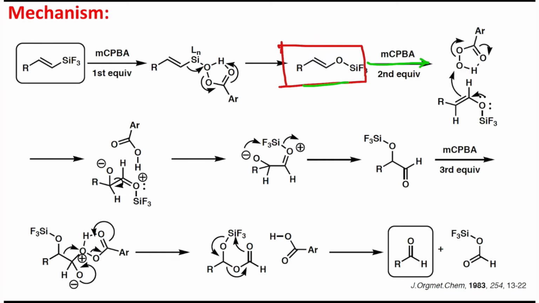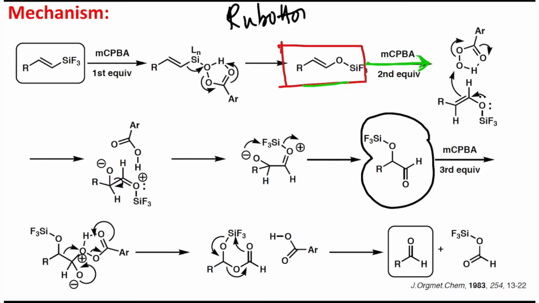Actually this is an enol ether, and in the presence of m-CPBA this enol ether will be oxidized into the corresponding alpha hydroxy carbonyl compound. Student, this reaction is also a very important reaction named the Rubottom oxidation. I have already uploaded a dedicated lecture on this, please visit that video, I have explained the details there. I am not going to explain it here because the lecture will be too lengthy.